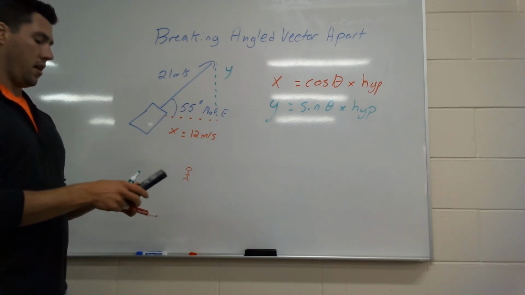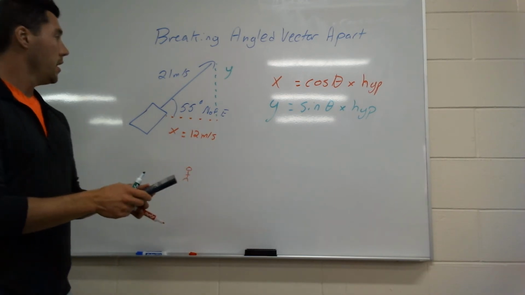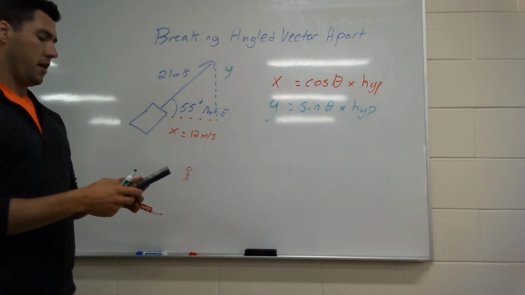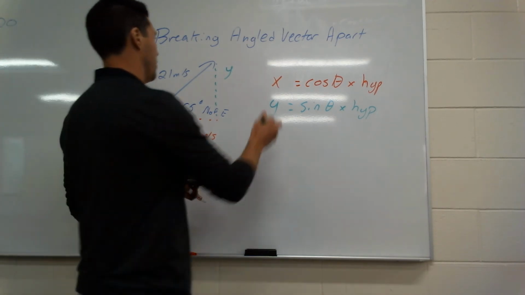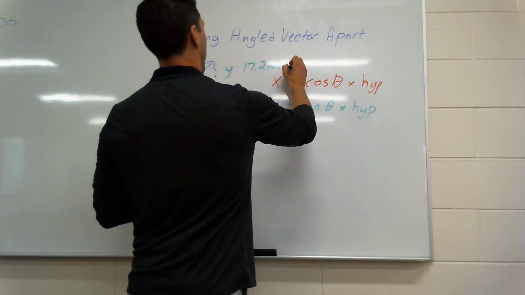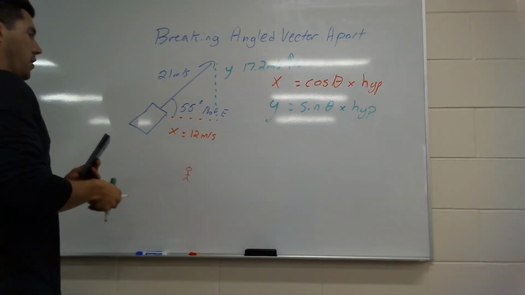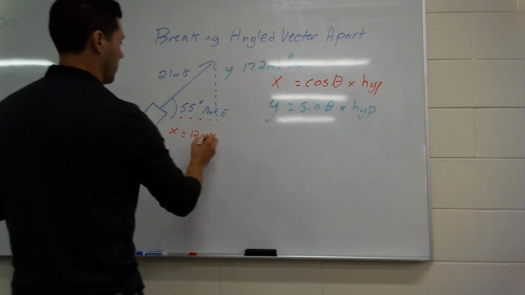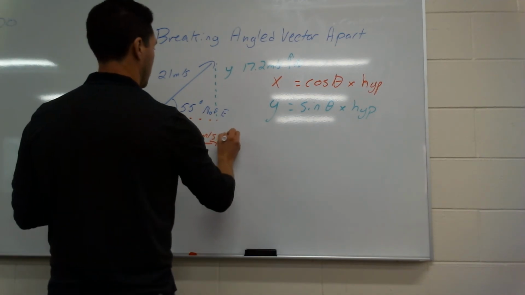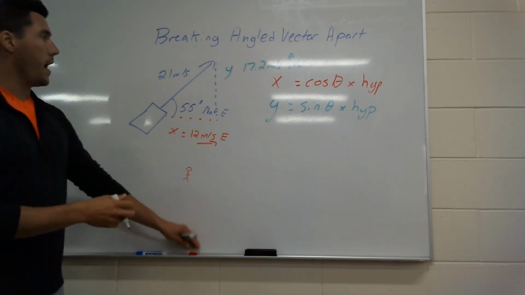So if I go sine of 55, I get a decimal of like 0.819, and I times that by 21, our hypotenuse, I get 17.2. So this is 17.2 meters per second, and that's just in our north direction. Forgot to label this, this is our east direction. And there you go, that's our actual breaking apart.